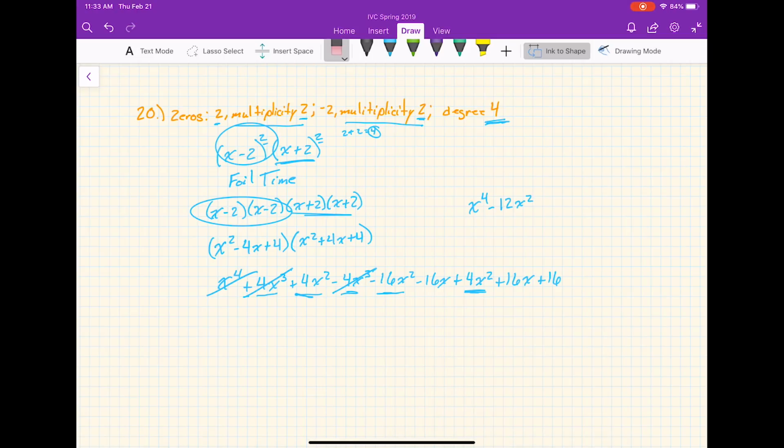See, this is why I underlined them. And then I can make sure I got everything together. All right, so I actually have negative 8x squared. And I'll cross those all off. And I have negative 16x and plus 16x. Well, those cancel each other, so that's nothing. And then plus 16. So that is that equation all foiled out.